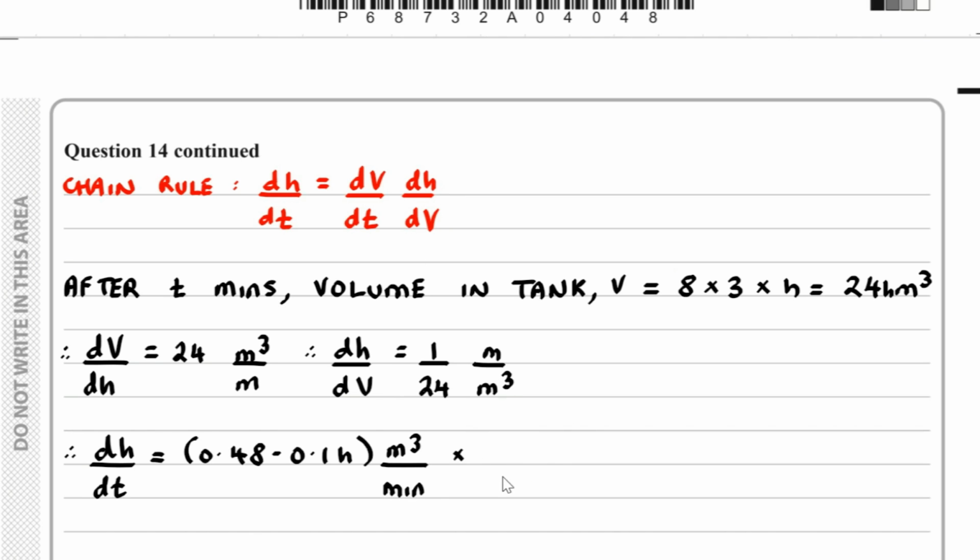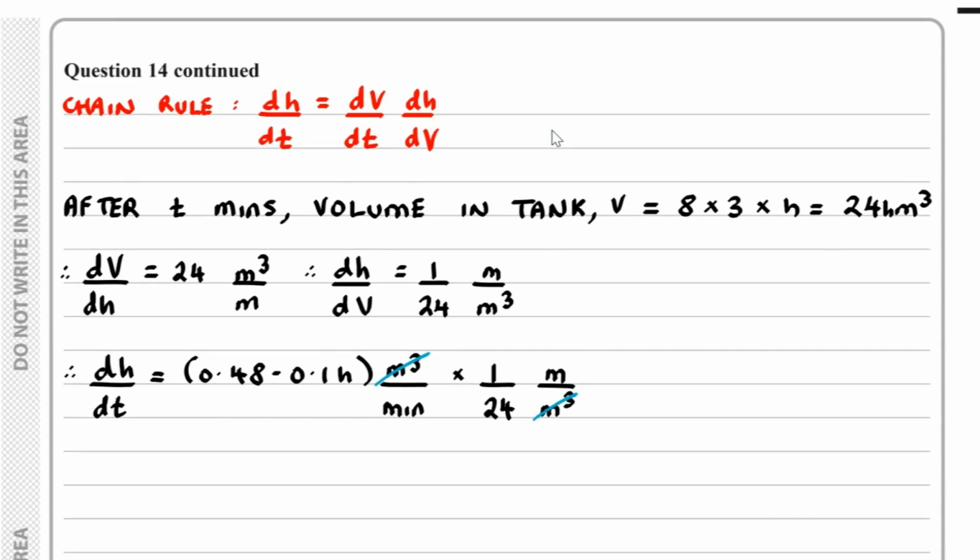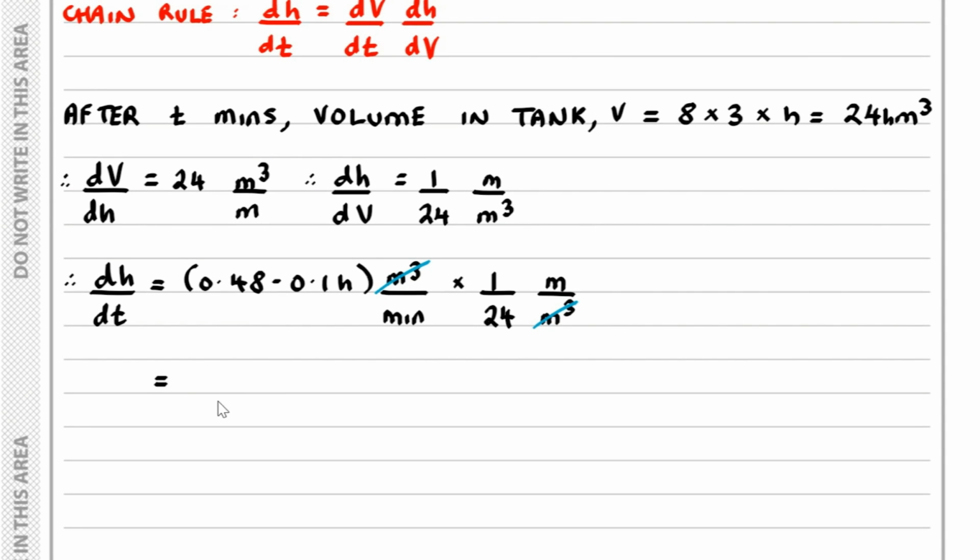And then dh over dV is 1 over 24 meters per meter cubed. The meters cubed cancel, so we are left with 0.48 minus 0.1h over 24 meters per minute. So this is what dh over dt is.